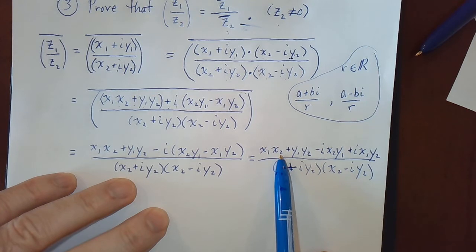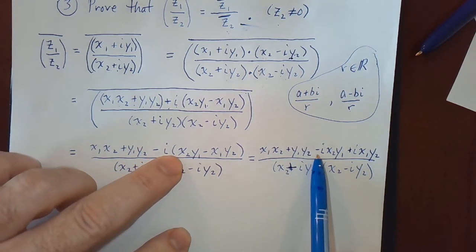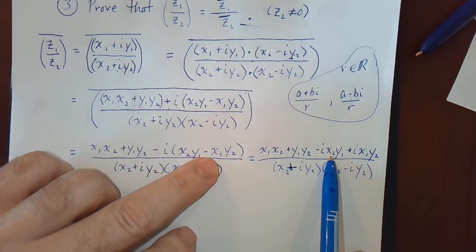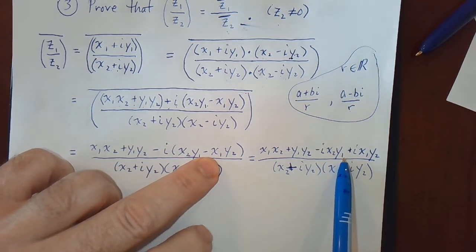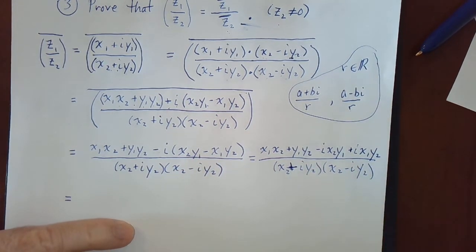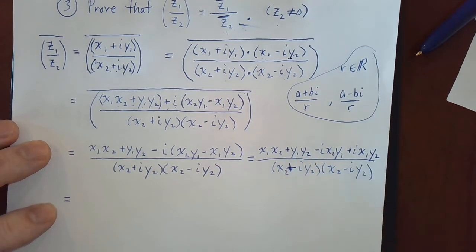So we have x1 x2 plus y1 y2, minus i times x2 y1, then positive, because negative times negative, i times x1 y2. So that's all I did in that step. Well, the next step is I'm going to take these four terms and factor them by grouping.